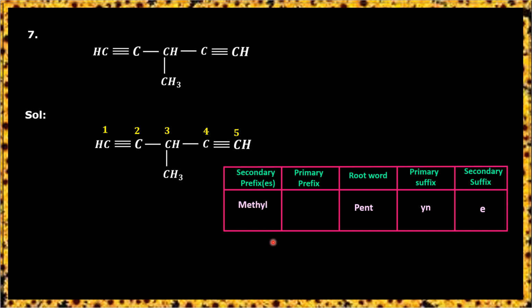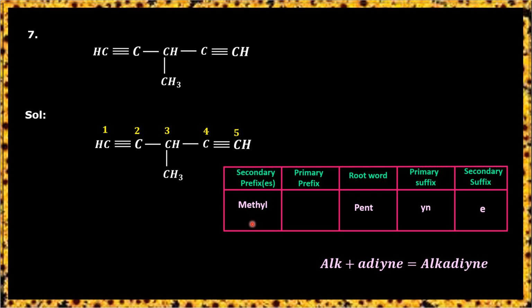It is a methyl group, and there are 2 triple bonds. First carbon atom and the fourth carbon atom are bearing triple bonds. So alk plus a diene, alkadiene.